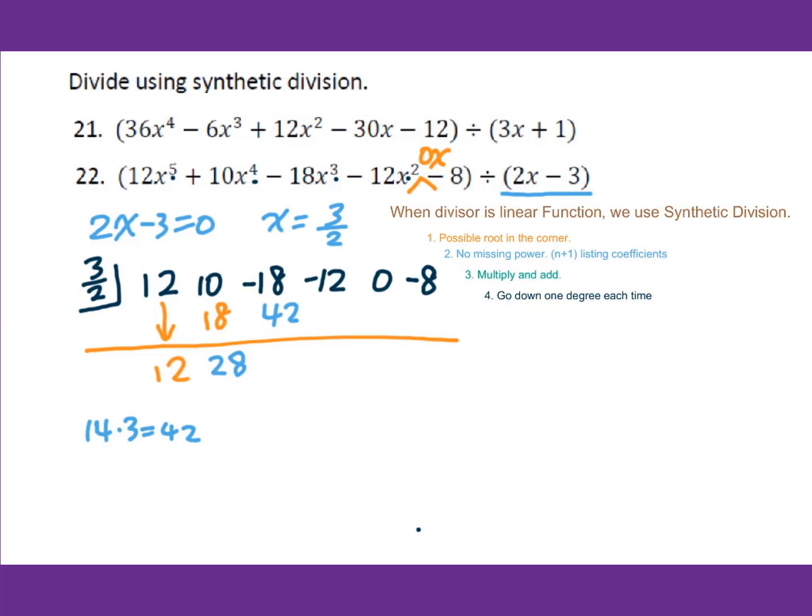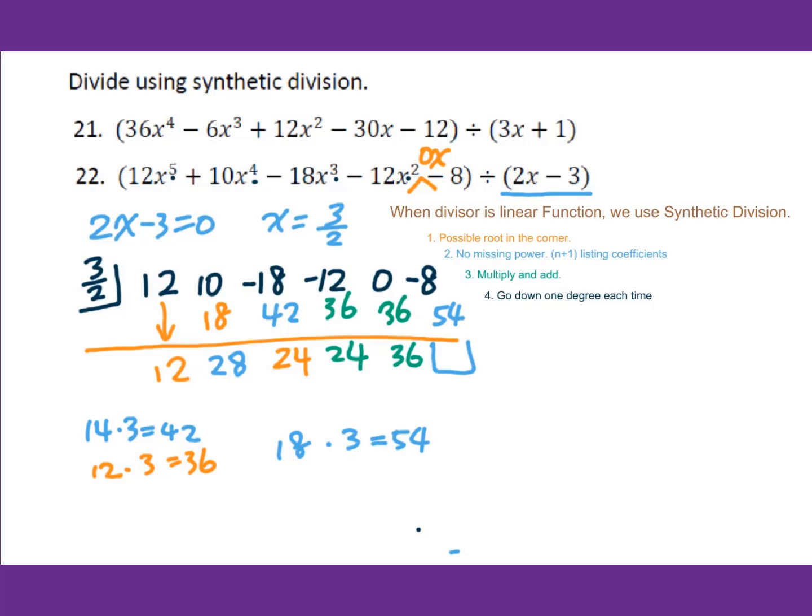Then we get 24. 24 divided by 2 is 12, times 3, that is 36. So we got 36. Then we got 24 again. So 36 again. 36 divided by 2, that is 18, times 3. You will get the 54. Adding, you got 46.